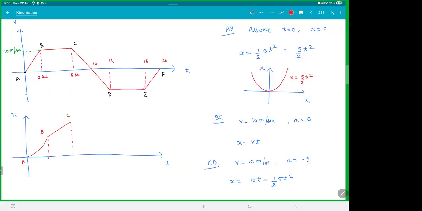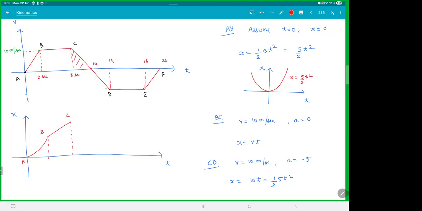So from C to D, this will still go up. Understand one thing. As long as your velocity is positive, you're still traveling forward. Making sense? Meaning your displacement will still keep on increasing. Your x coordinate will keep increasing as long as velocity is positive. Your graph will continue to go up, right? And look at this point here. At t is equal to 10 seconds, your velocity becomes 0.